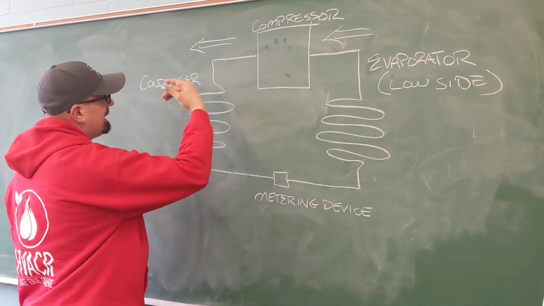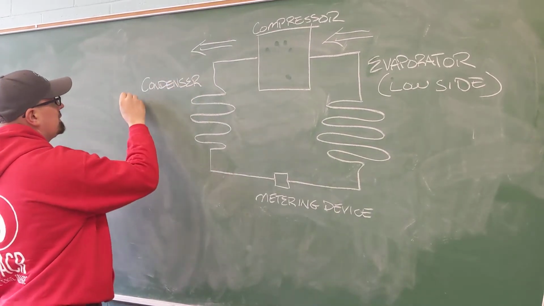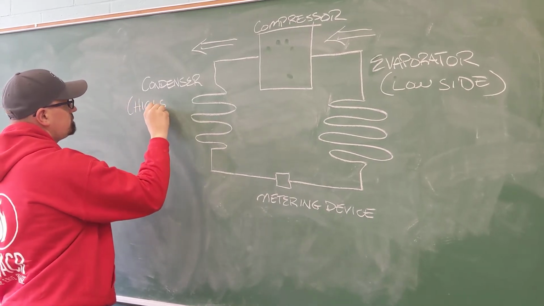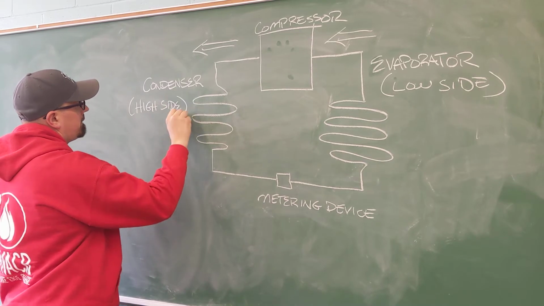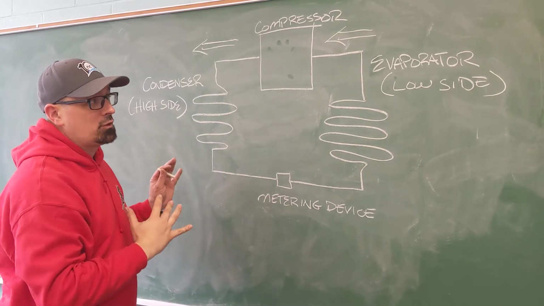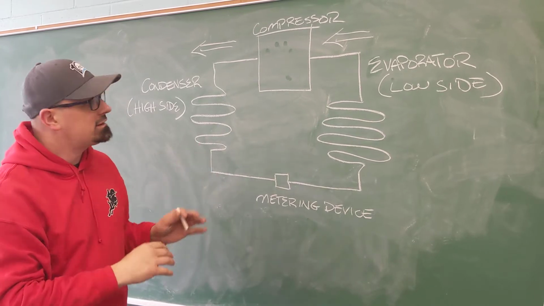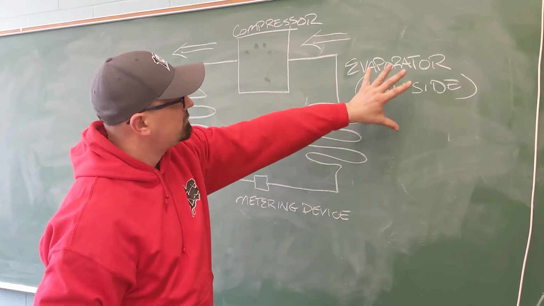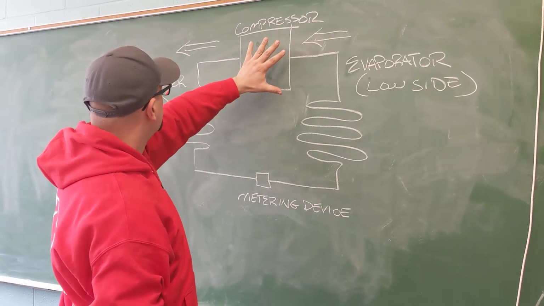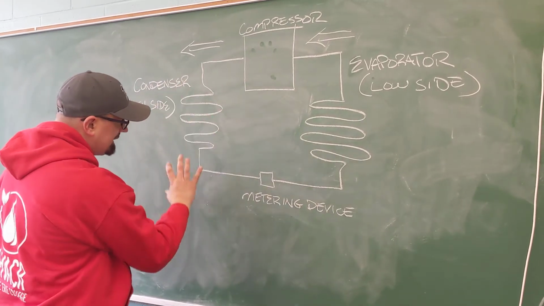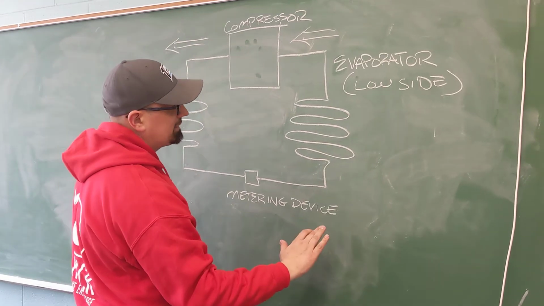And we would be coming out on the condenser side, which is also known as the high side. We'll explain more of low and high side when we get into talking about the gauges that you use to test on here. But for now, you're coming from the evaporator to the compressor, out of the compressor into the condenser. You come down through the condenser and go through the metering device.